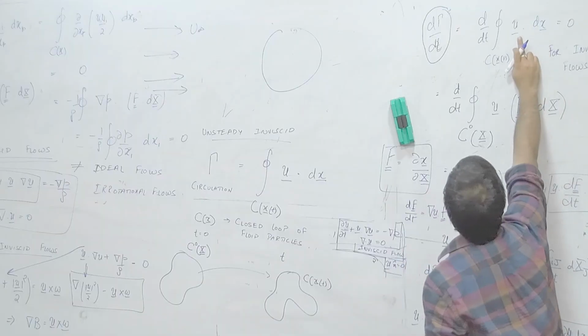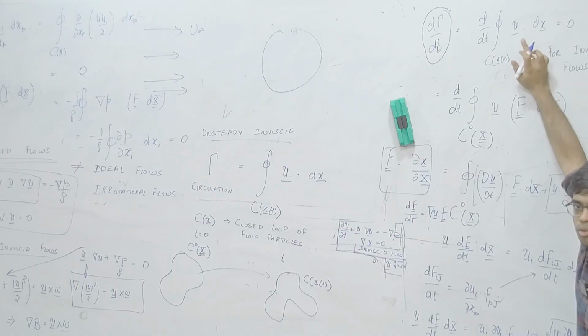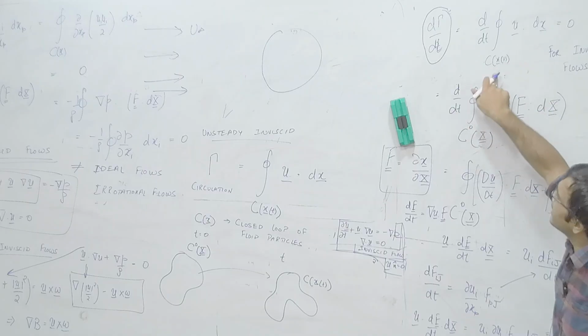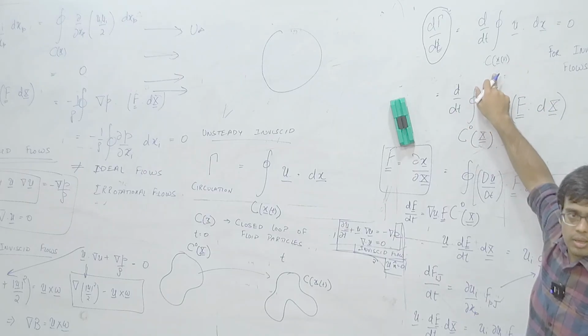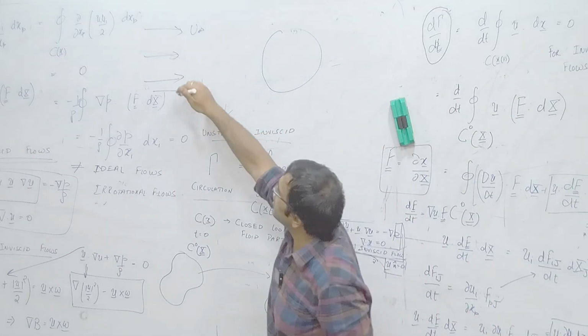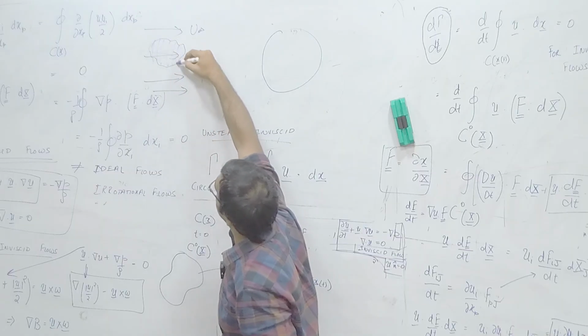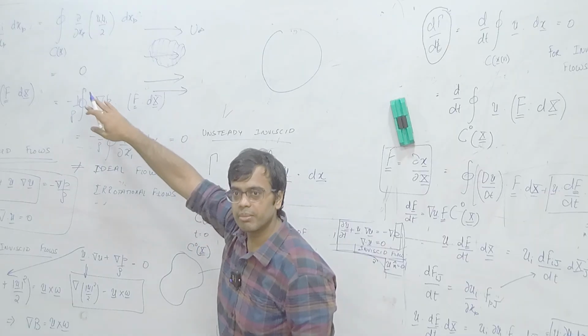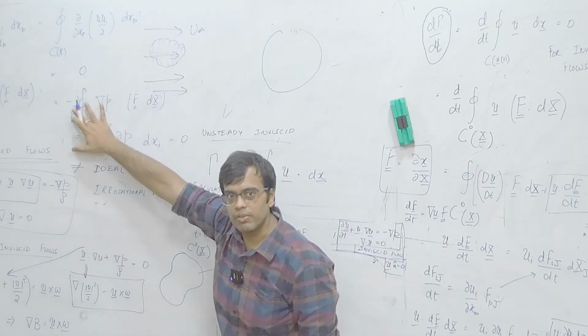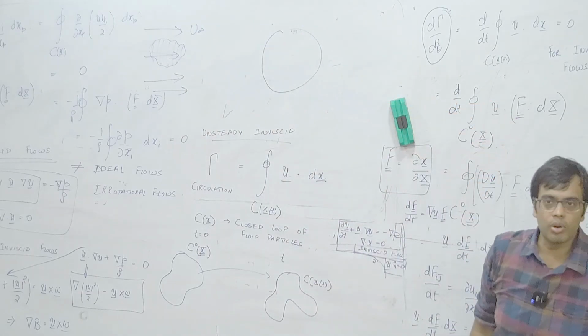From Stokes theorem, you know this is going to be equal to the vorticity integral inside the area defined by this curve. So if there is no vorticity in this area defined far upstream, then as long as you are in the inviscid flow regime, there will not be any vorticity that will appear in the flow.